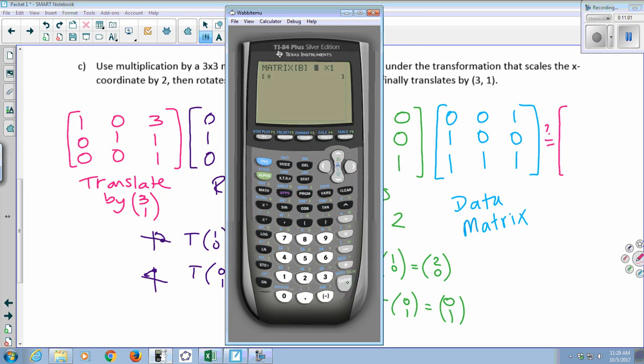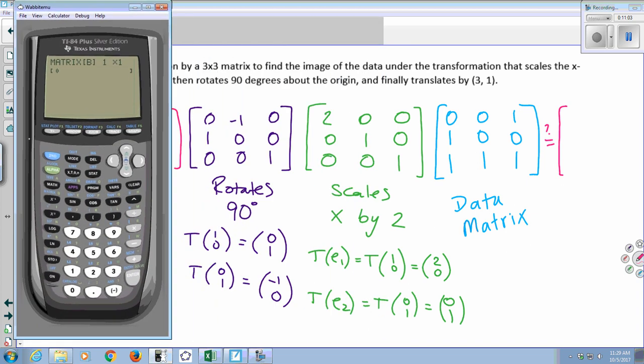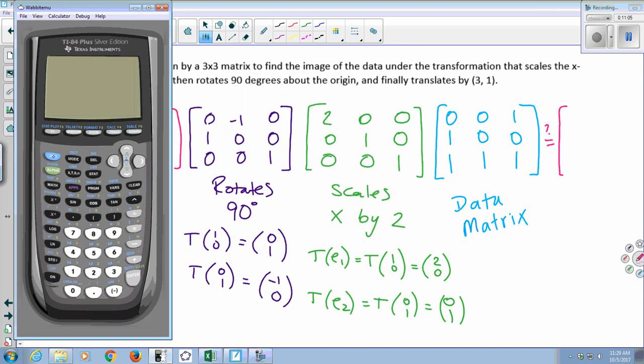Edit matrix B, and I'm going to put in the rotation matrix. Edit B. 3 by 3. Matrix C is going to be a 3 by 3, my scaling matrix.